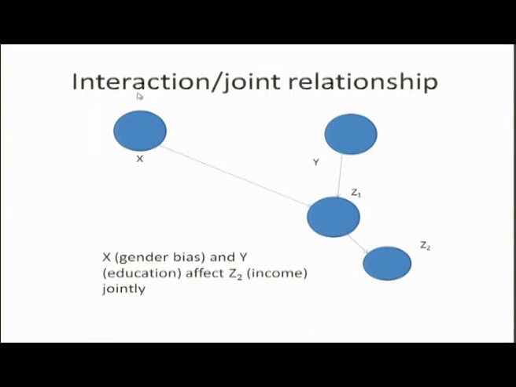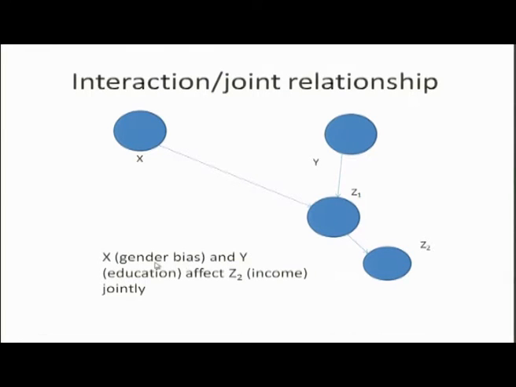In this diagram, we find a case for joint or interactive relationships. What is that? It is that X affects Z1, Z1 affects Z2, and there is a Y variable which also affects Z1. Now, you can say that X and Y jointly affect Z1, and Z1 affects Z2.